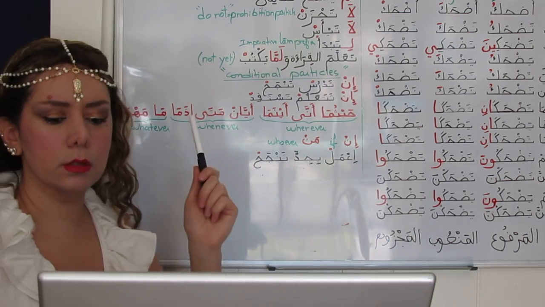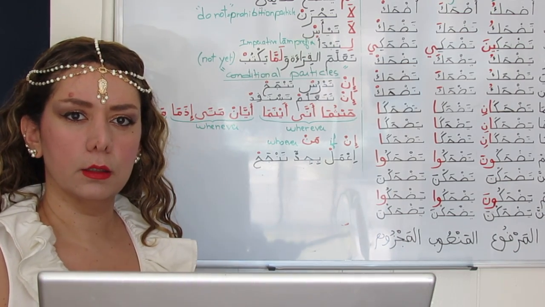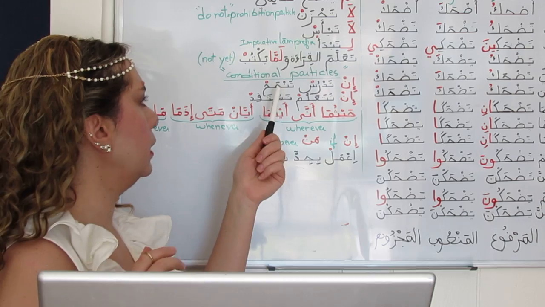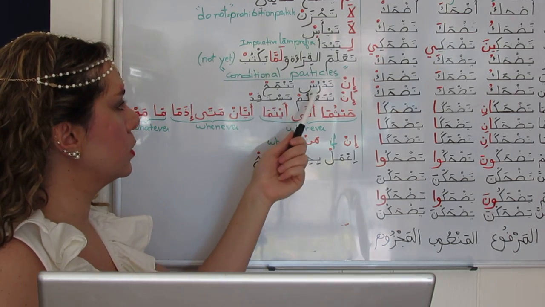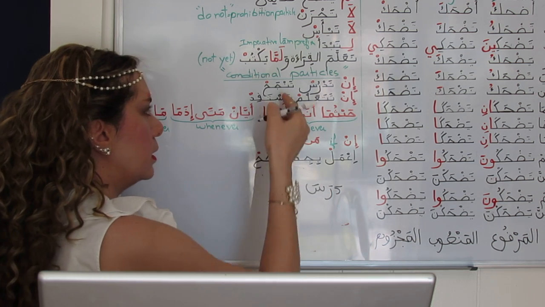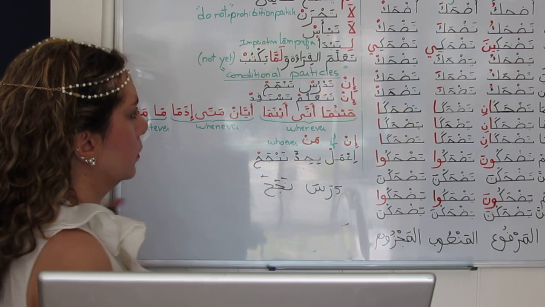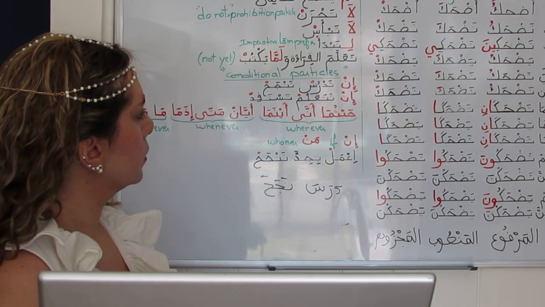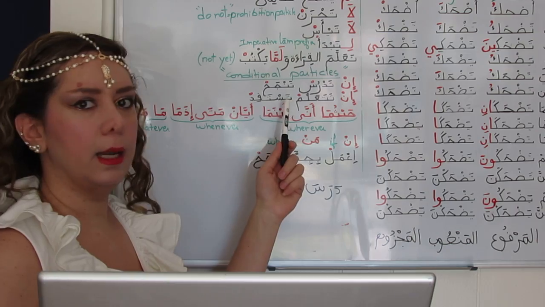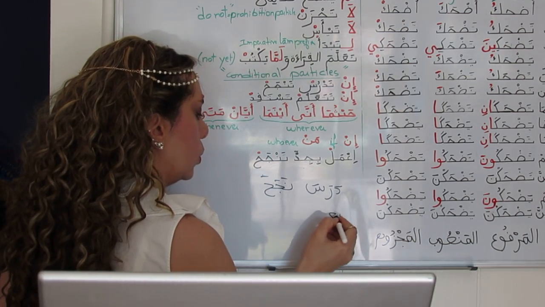إن تدرس تنجح. If you study, you succeed. Or if you study, you will succeed. So درس, to study. And second verb, نجح, to succeed. إن تتعلم تستفيد. So تعلم, it's to learn.